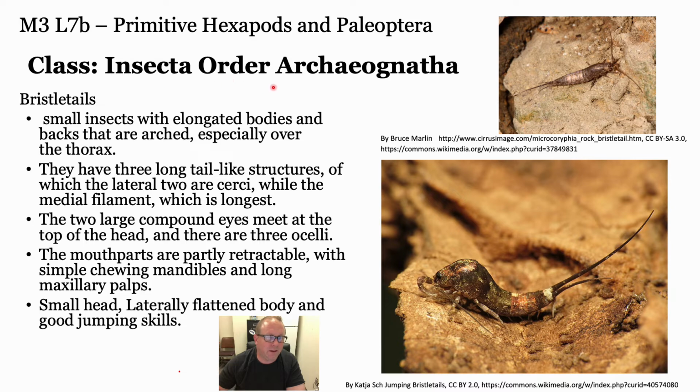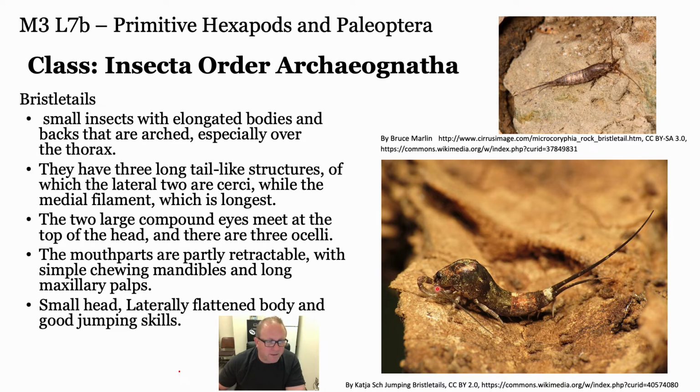These are the bristletails. So now things are looking a little bit more like an insect. They have elongated bodies, a big arched back, a kind of humpback looking body form. They have three long tail-like structures, these filaments coming off the end of their abdomen. You can see all three of them better in this little critter up here.